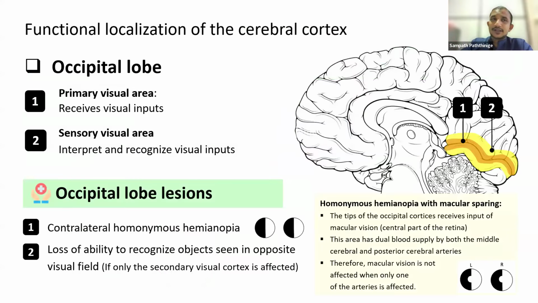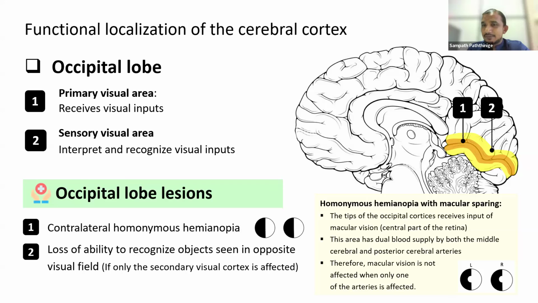So then coming into the last lobe, the occipital lobe, it is mainly concerned with vision, the visual areas, right? The primary and secondary visual areas should be there. But what you need to remember is that there is a vascular lesion of the occipital lobe, and these visual areas have a blood supply from two sources, right?